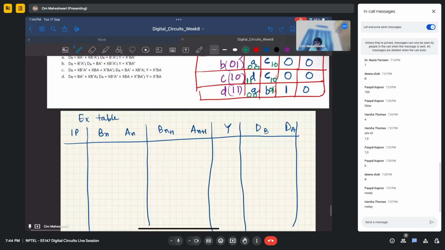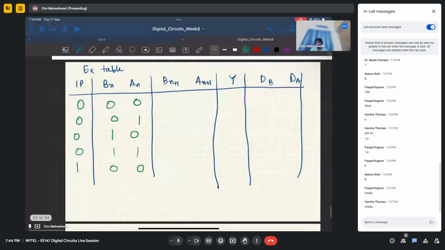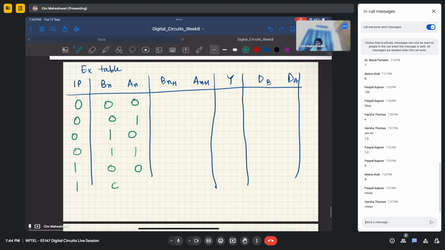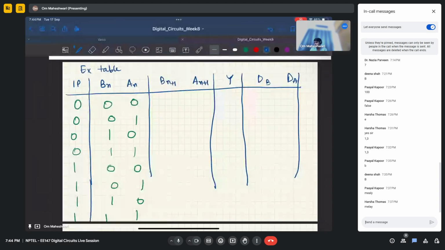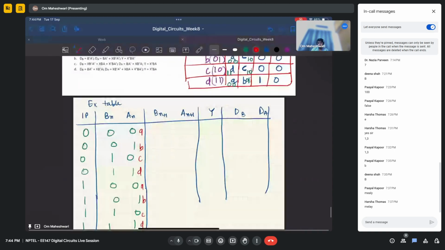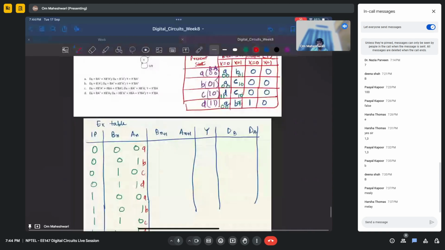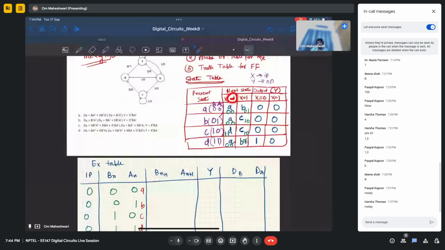So we write input, Bn, An as 000, 001, 010, 011, then 100, 101, 110, 111. This is nothing but A, B, C, D, A, B, C, D, right? If input is 0, you are at state A, you get to state A again, and output is 0.